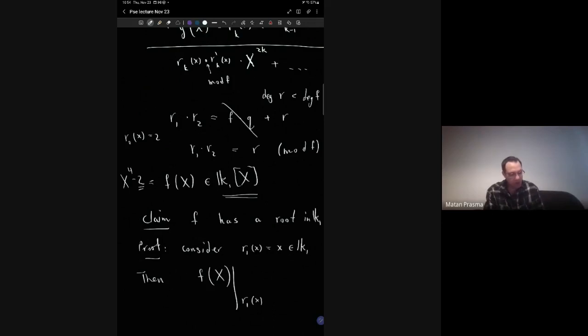When you have a polynomial over a field, and you substitute an element in this field into this polynomial, you get an element in the field. So without doing any computation, I know that the result must be an element in K1.